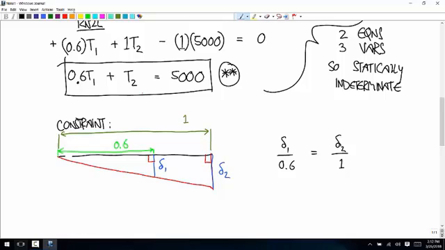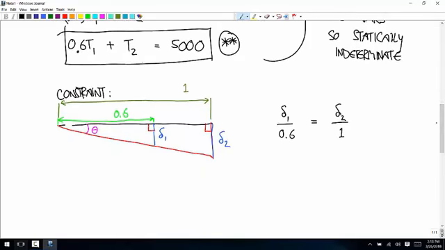That's saying that angle is some theta. And for this little triangle here and this big triangle here, the tangent of that angle has to be the same. Those have to be similar triangles. Okay, so delta 1 has to be equal to 0.6 of delta 2.